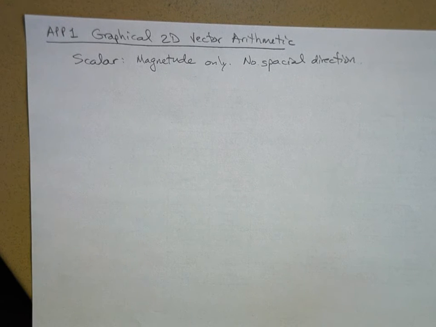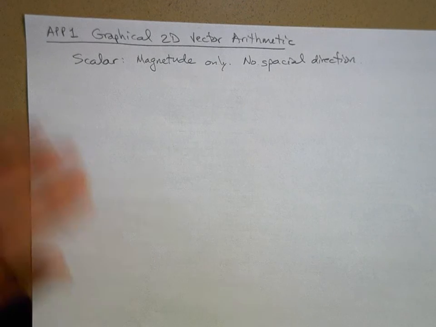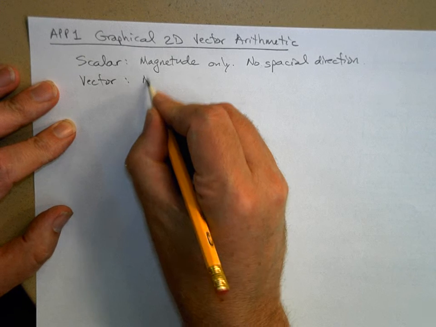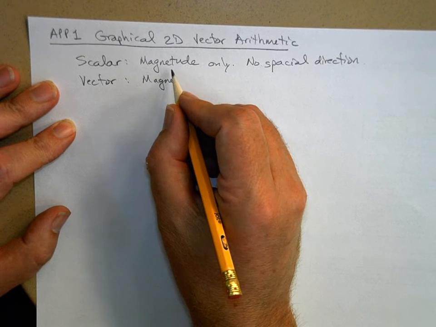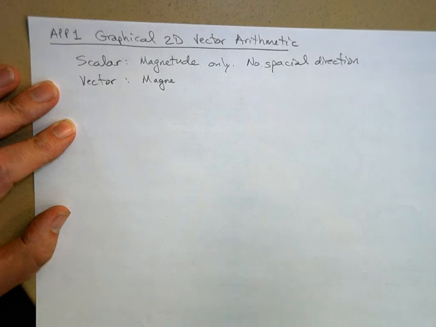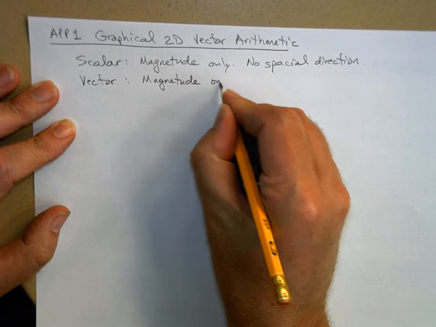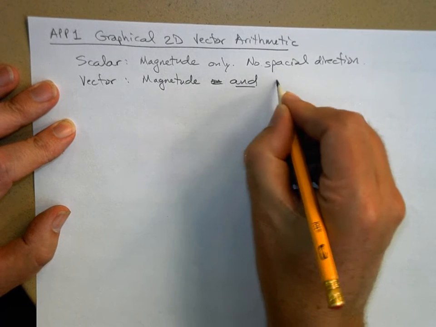So, to give a position or a displacement, you need to have both. For a vector, you need magnitude and direction. I am a terrible speller, so if I spell something wrong, please let me know.